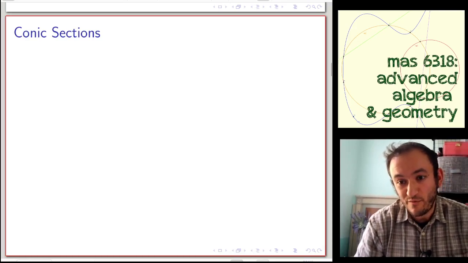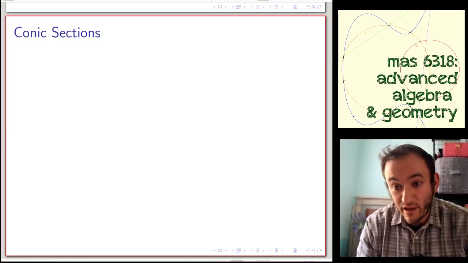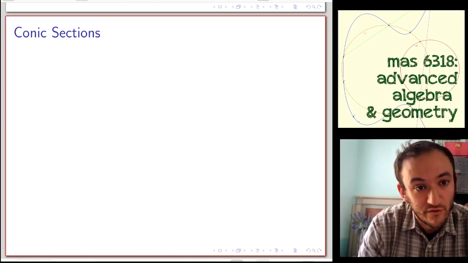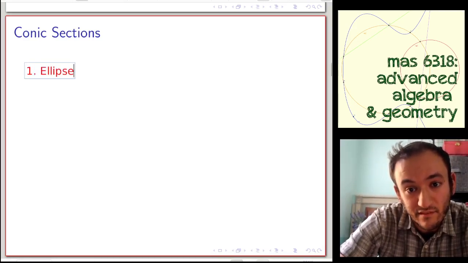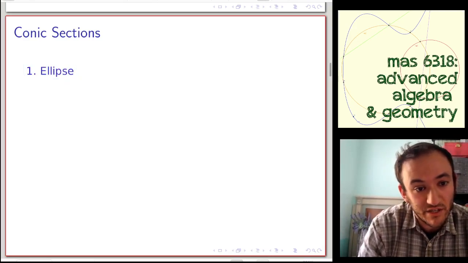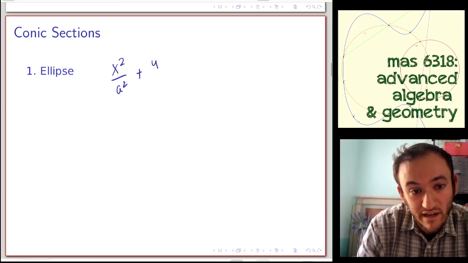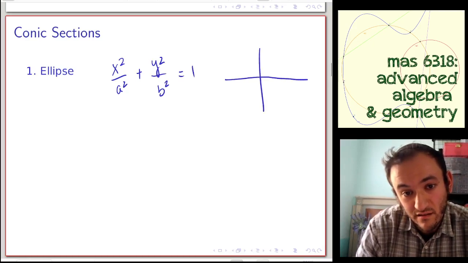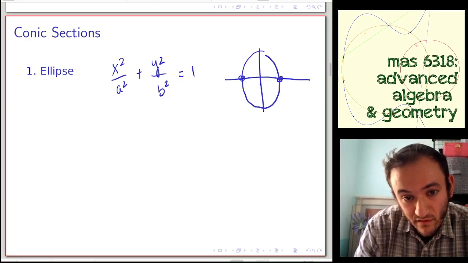But before we do, we're going to remember some examples of shapes that satisfy a quadratic equation. First up will be the ellipse. This satisfies equations of the form x²/a² + y²/b² = 1, and that describes an ellipse with axis along the x-axis.